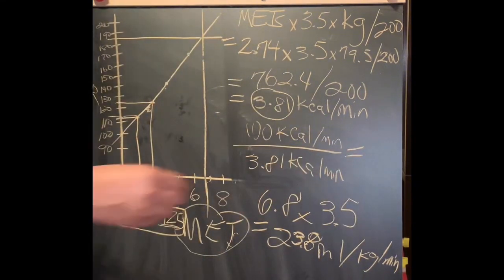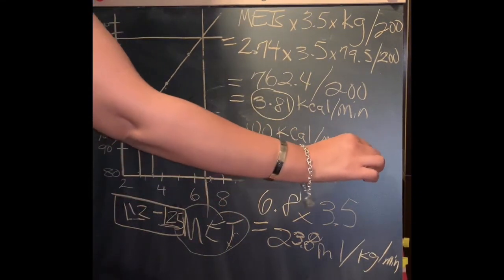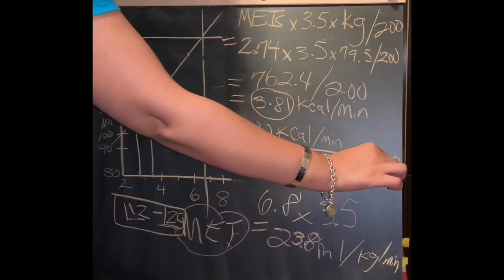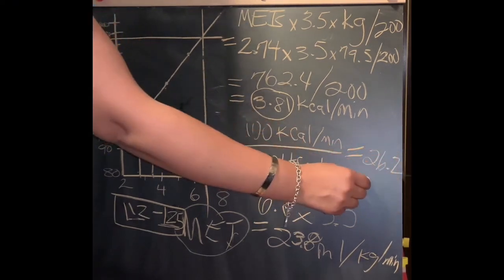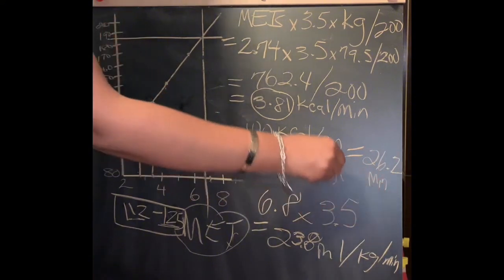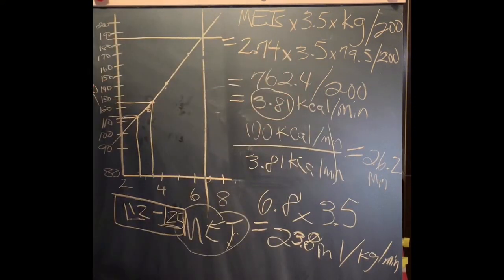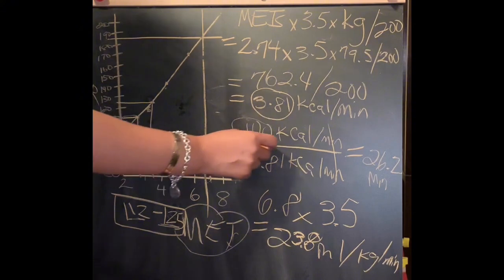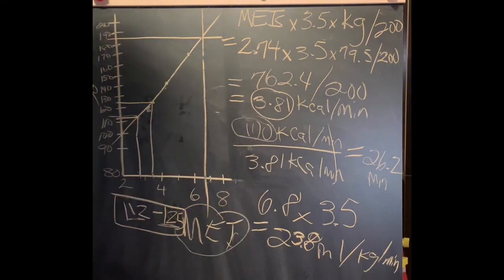And that will give us 26.2 minutes, right? 26.2 minutes. So that's how long he would have to cycle in order to burn 100 kilocalories. All right.